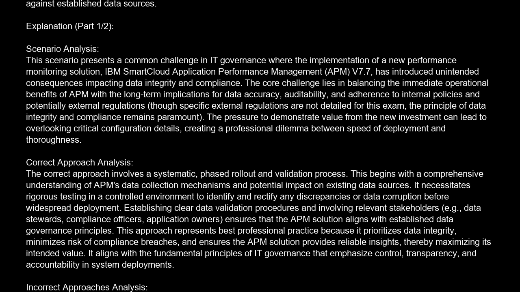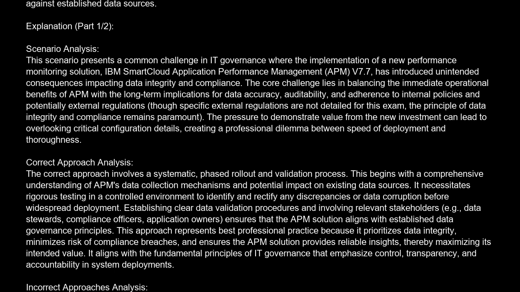The core challenge lies in balancing the immediate operational benefits of APM with the long-term implications for data accuracy, auditability, and adherence to internal policies and potentially external regulations. Though specific external regulations are not detailed for this exam, the principle of data integrity and compliance remains paramount. The pressure to demonstrate value from the new investment can lead to overlooking critical configuration details, creating a professional dilemma between speed of deployment and thoroughness.